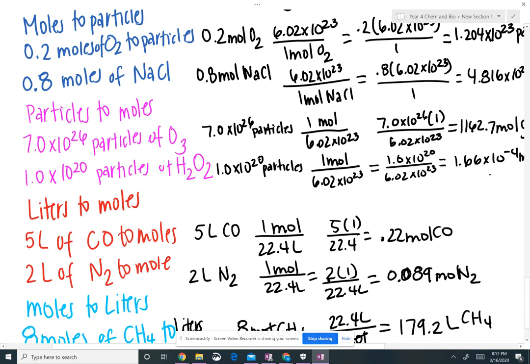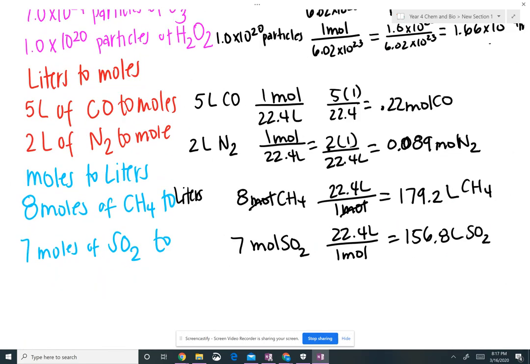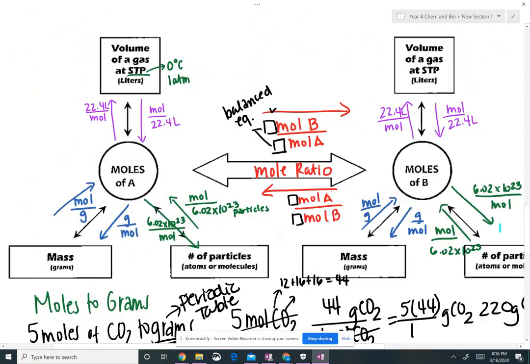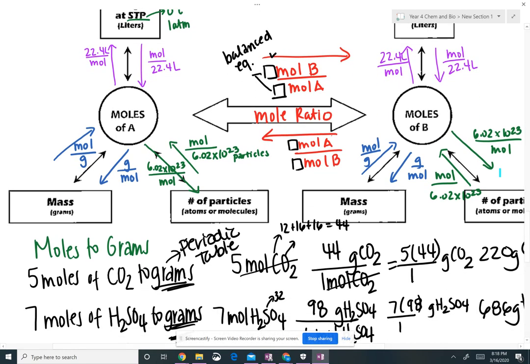And then looking at that chart, I can really see how those things are working out, okay? Then your next thing is going to be your moles to liters. It's the same deal. We're not doing any math on how much any of those elements weigh, right? All I'm using is this 22.4 liters as my guide. And you'll see, depending on which direction I'm going, that determines what we use.